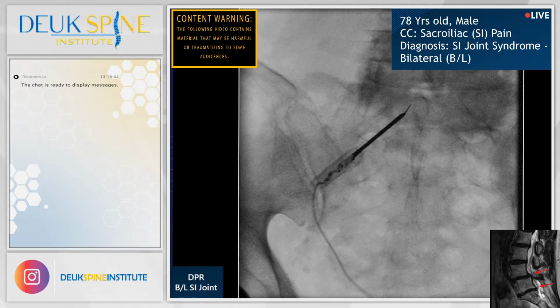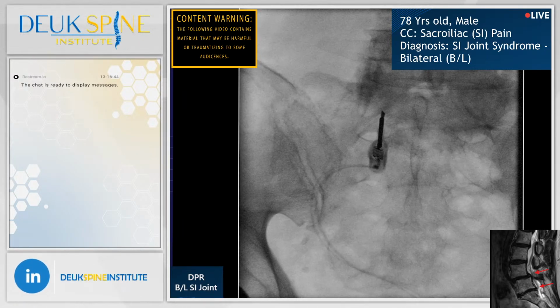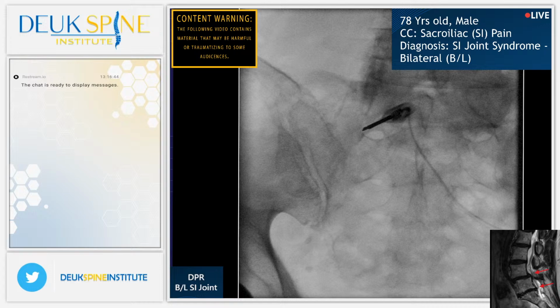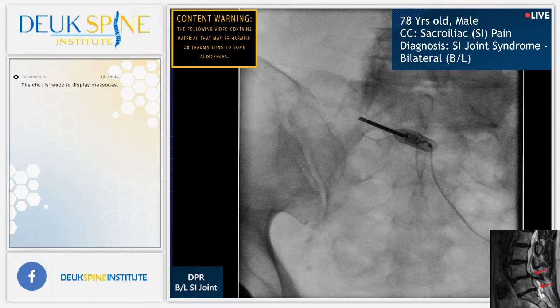Because I'm feeling around with my probe, and it feels like he has either a tendon or a ligament that's calcified. I'm trying to get to the deep part of the joint.